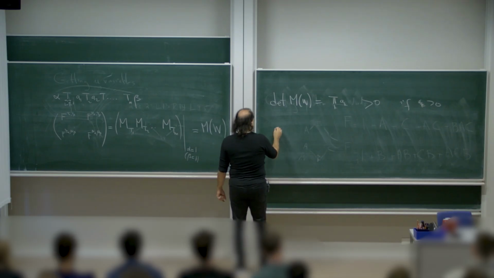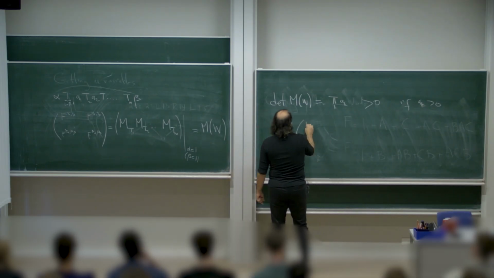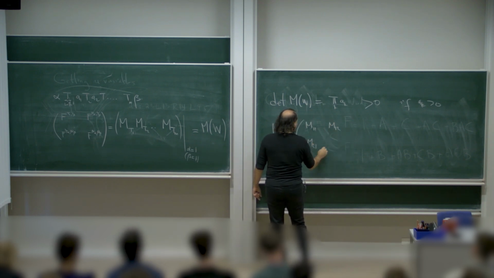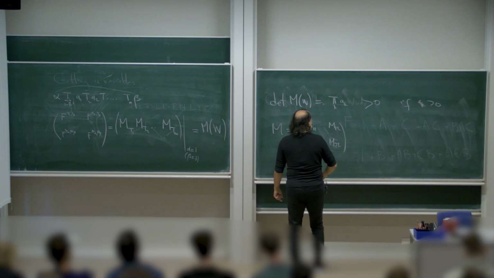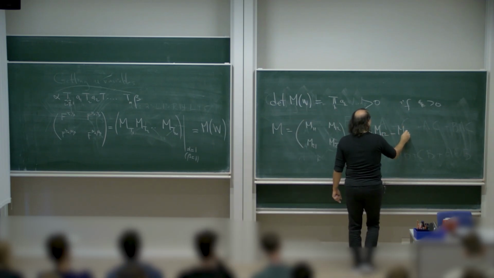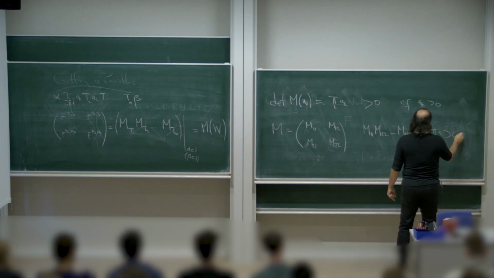So if I look at this matrix, which has 1,1, 1,2, 2,1, and 2,2 entries, then I know that M11 M22 minus M12 M21, the determinant, is the product of all these A's, which is positive.